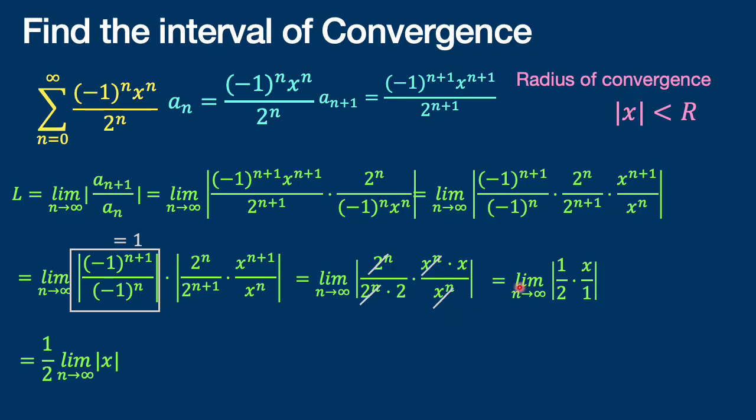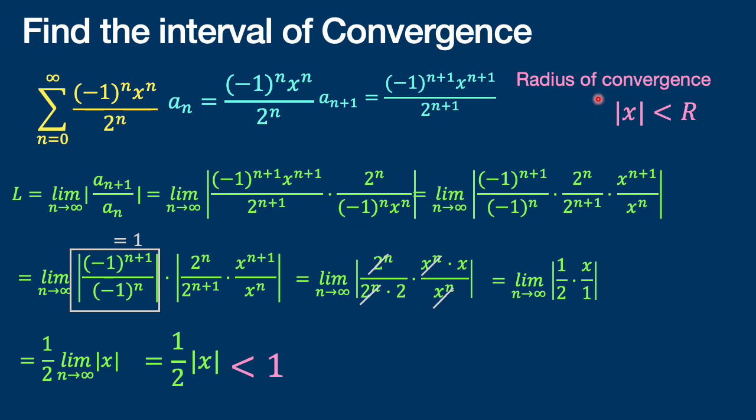You take out the numbers because they don't have n terms, and you have the limit of absolute value of x. Absolute value of x doesn't have an nth term. This is going to be 1/2 times absolute value of x. By the ratio test, this should be less than 1.